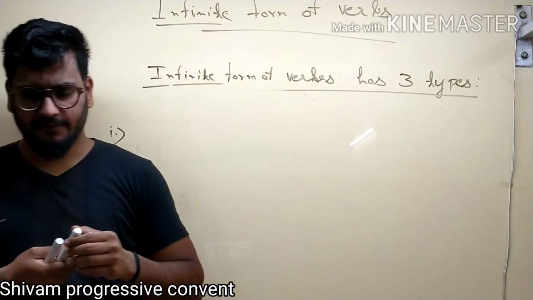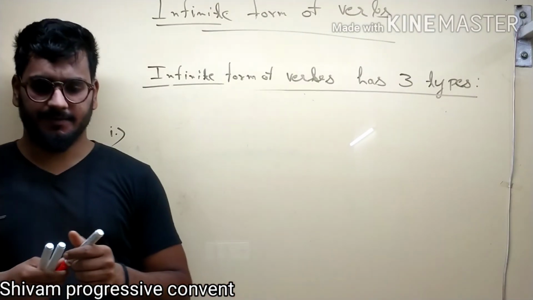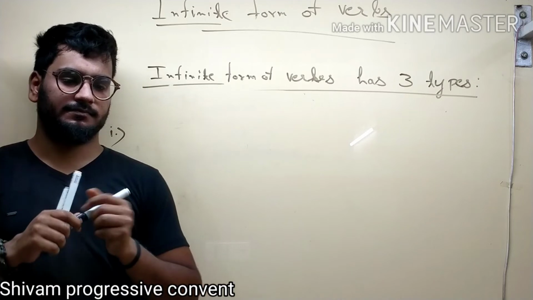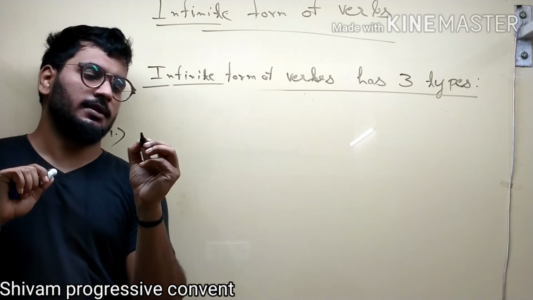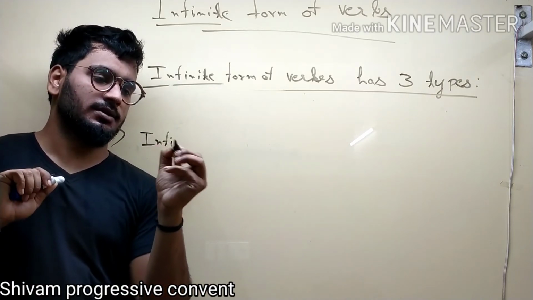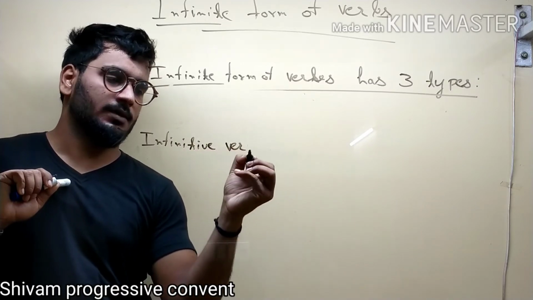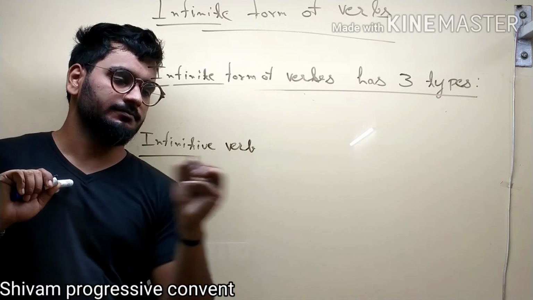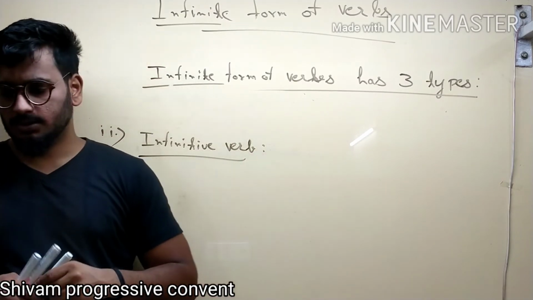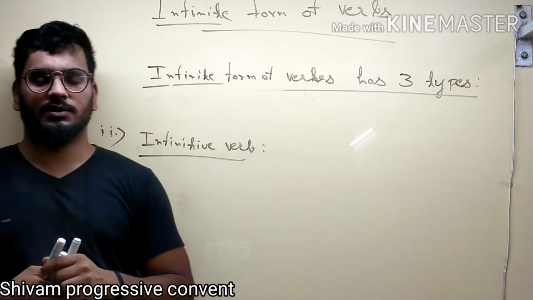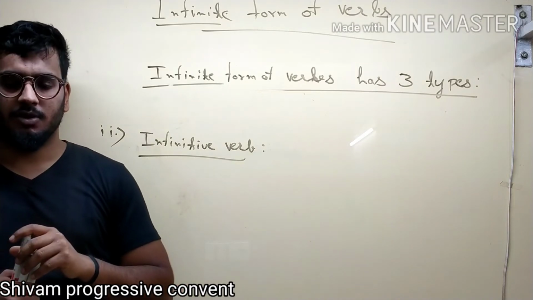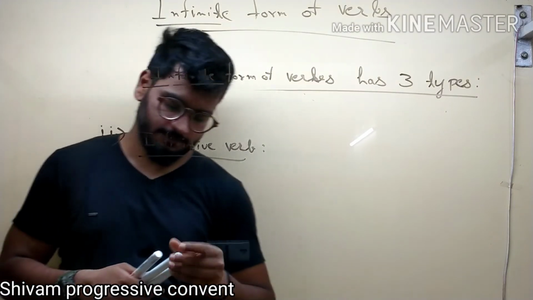So the second type of infinite verb is infinitive. It is the second type, and it is infinitive verb. So infinitives are those verbs which are in basic form, or you can say a normal verb.